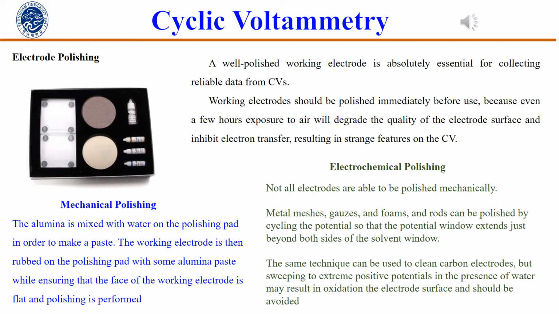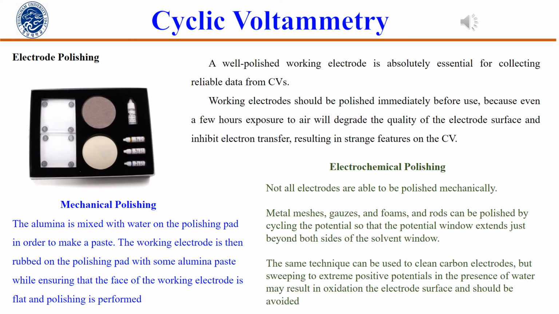After washing with more deionized water, the electrode can be used in aqueous electrochemistry, that means we can use it in CV. If the electrode is to be used for non-aqueous electrochemistry, trace water from the sonication bath can be removed with methanol, and the methanol can be removed with a blast of air.